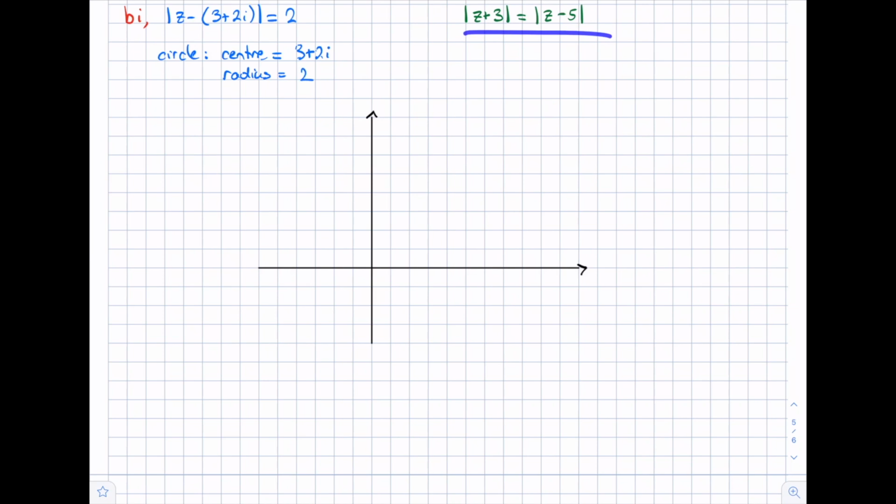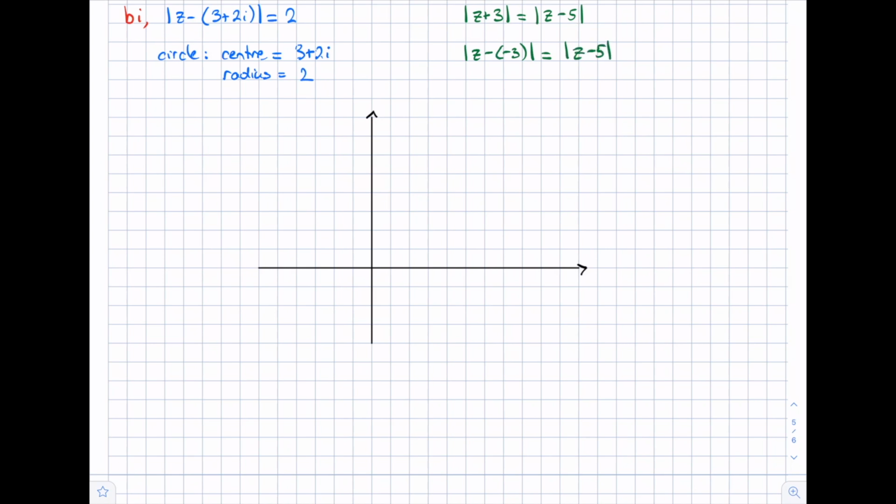The second one here, this is also a standard form, but it might be helpful if we rewrite it in the following way. Just like we were saying that we need to factor out a negative 1 here, we're also going to need to do the same thing with the plus 3. So this will be z minus negative 3 equals the modulus of z minus 5.